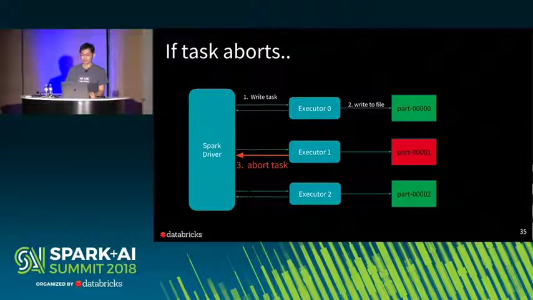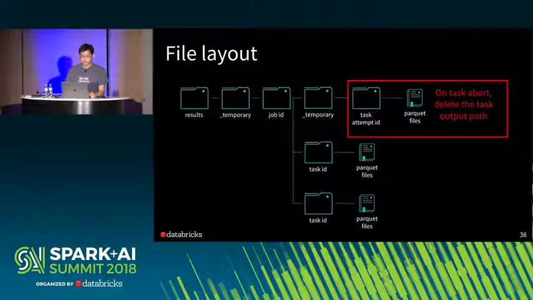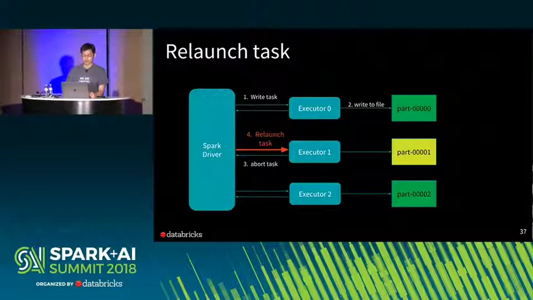The executor will delete the path of the aborted task and let the driver know of the failure. Here we can see the aborted output is removed, while the committed one remains the same. After Spark is aware of the failure, Spark will relaunch the task, which will create a new temporary directory under the job ID temporary folder.